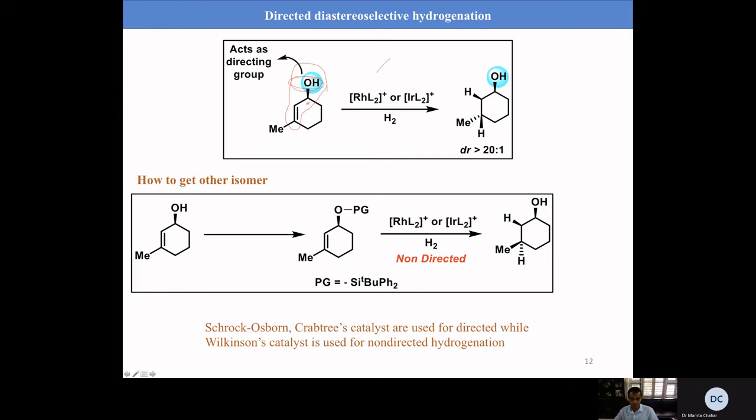Now in this case you can take a Strock-Osborne catalyst or a Crabtree's type of catalyst. What happens, you get the dihydride addition. As I said, hydride additions or the hydrogenation is always from the same plane, or cis. So the dihydrogen addition is happening from the same plane, above the plane.